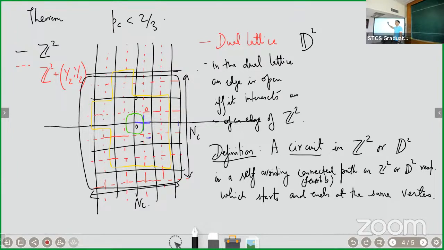And for any length larger than NC, the probability is less than or equal to half. So what is the probability that there exists a closed circuit of any size, of any length? It's not any important number, as long as it is less than one.